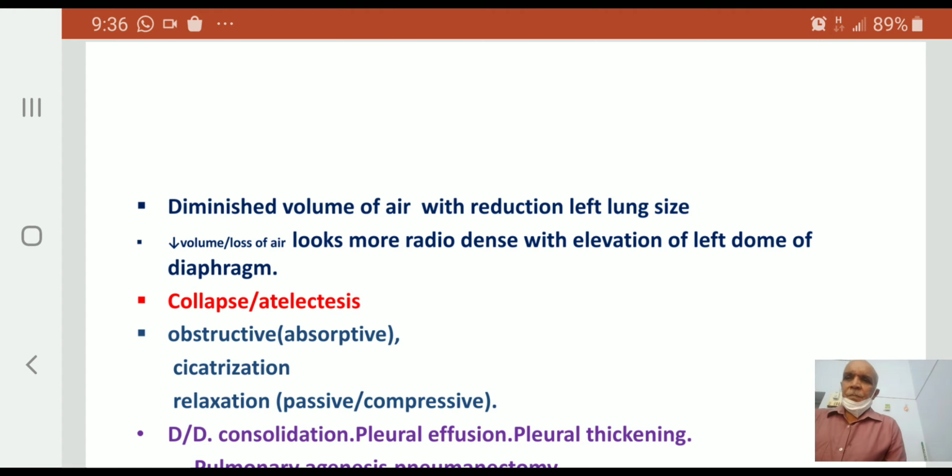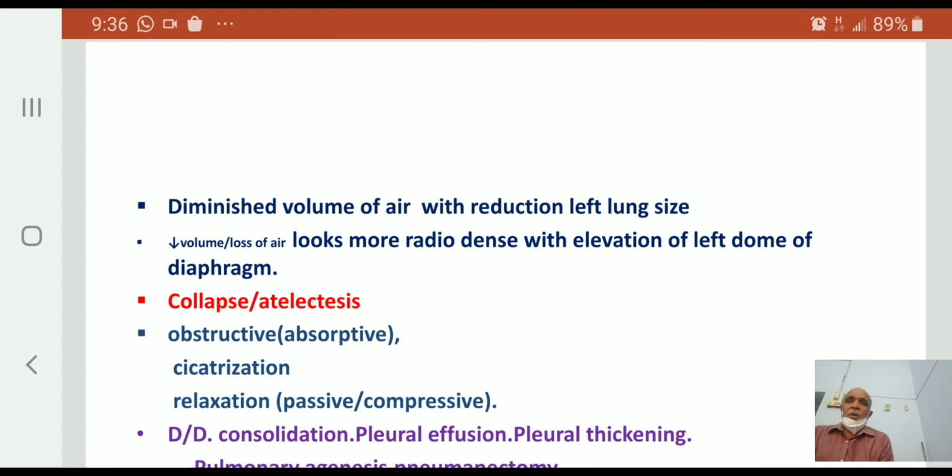Another finding is diminished volume of air with reduction in left lung size. Decreased volume or loss of air looks more radio dense, with elevation of the left dome of the diaphragm. All findings favor lung volume reduction. Commonly it occurs in collapse or atelectasis.